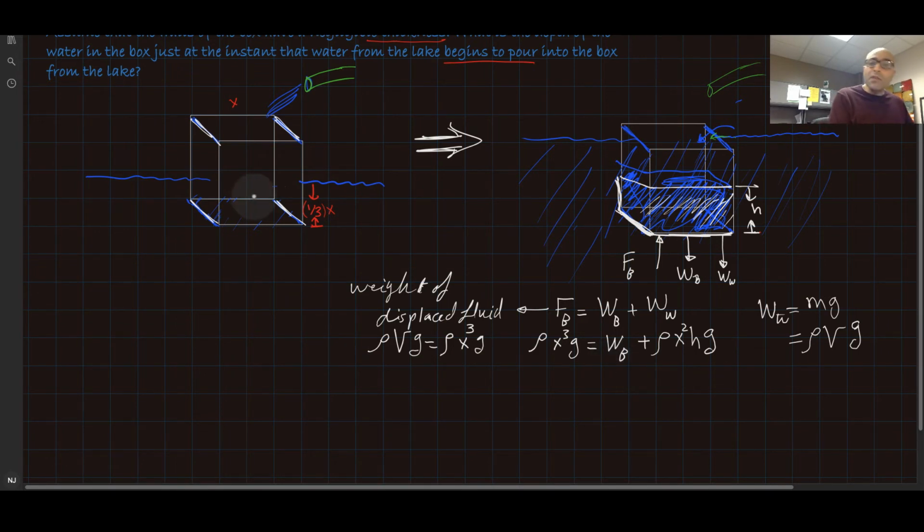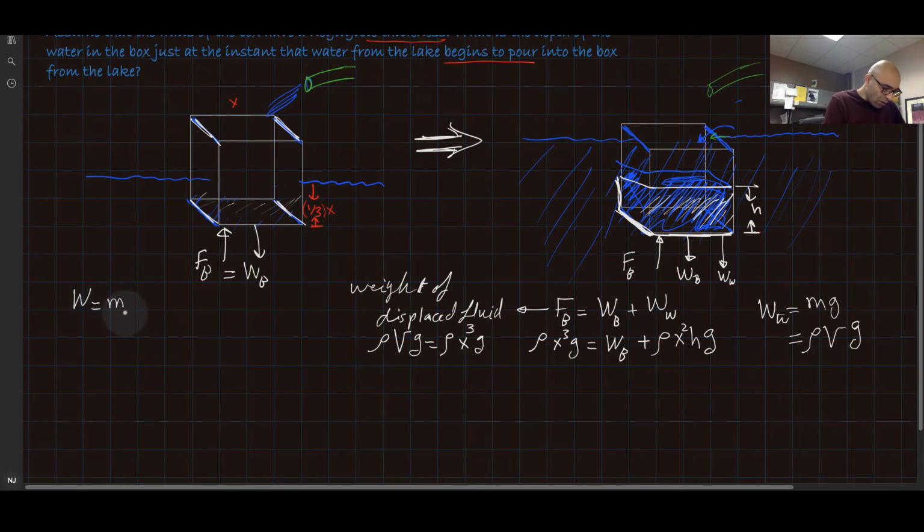That comes from the initial situation we started with: 1/3 of the box is submerged when there is nothing in it. Since the box is at equilibrium, the weight of the box WB equals the buoyant force, which is the weight of the displaced fluid. That is the mass of the water displaced when it's 1/3 submerged, times g.